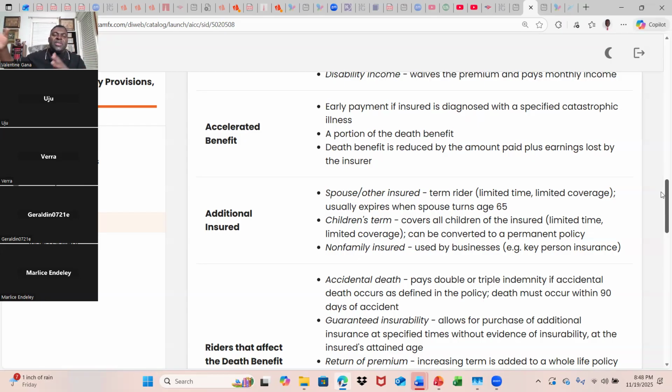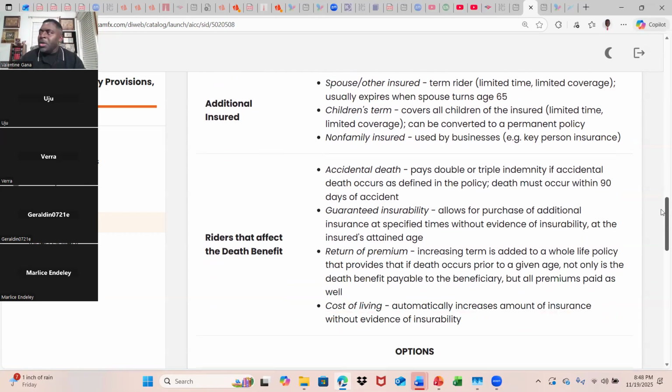Your critical illness rider will kick in and that policy will pay you about 90% of the policy. Let's just say somebody's diagnosed with stage 3 cancer and they had the critical illness rider and a $1 million policy. Transamerica or whichever company will pay them 90% of that, which is $900,000. Remember that those are accelerated benefits. So you'll be paid your death benefit ahead of time. Accelerated death benefit.